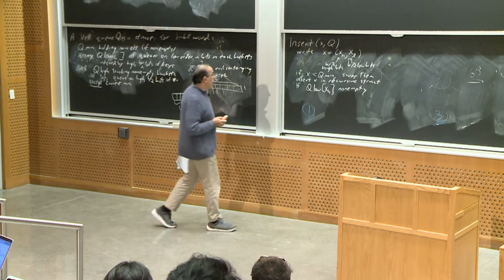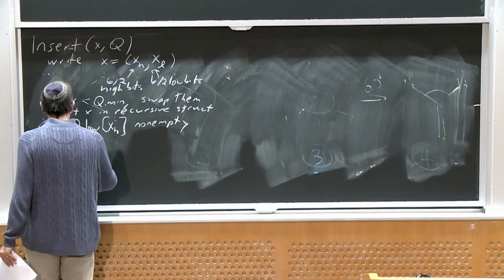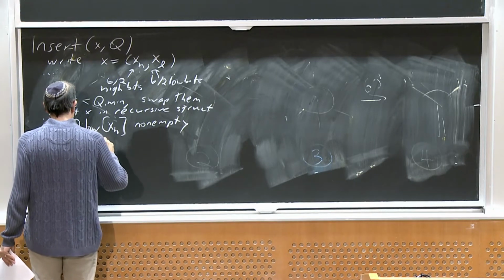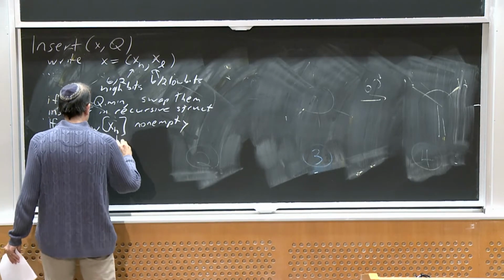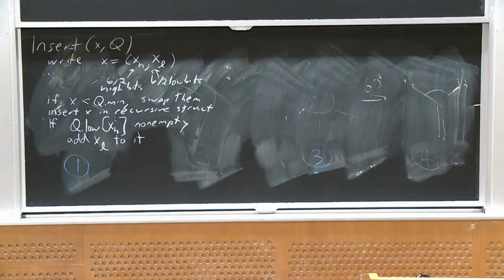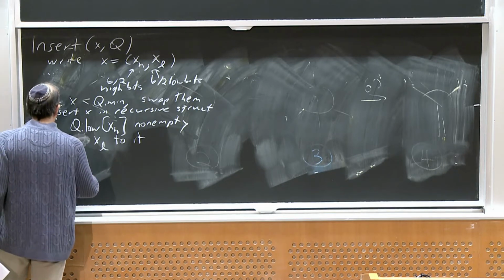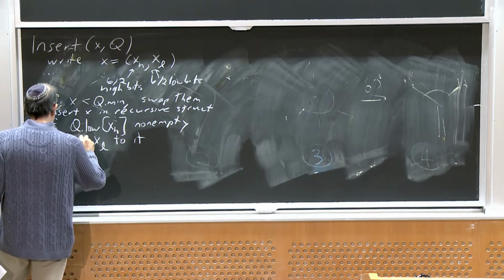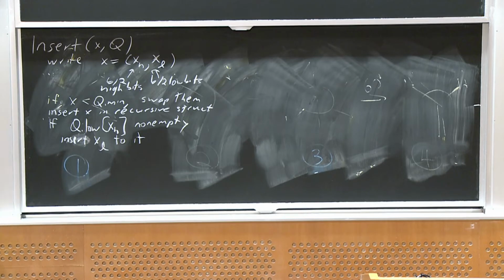Yeah, I need to add the low bits to that non-empty queue. Okay, sorry, let me be consistent with my terminology. This is insert. Now, you said insert x, but I'm just going to insert the low order bits.